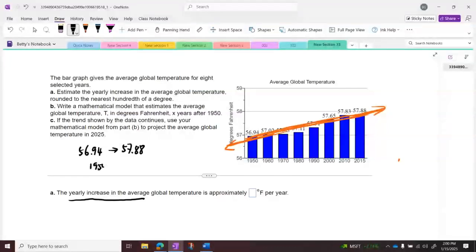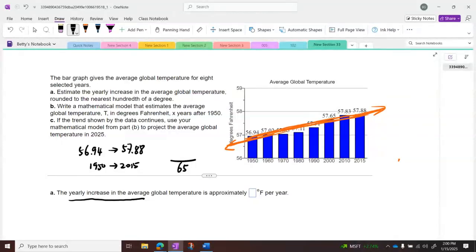That is 65 years, right? Over the 65 years, the temperature has gone up. Let me see how many degrees it has gone up.